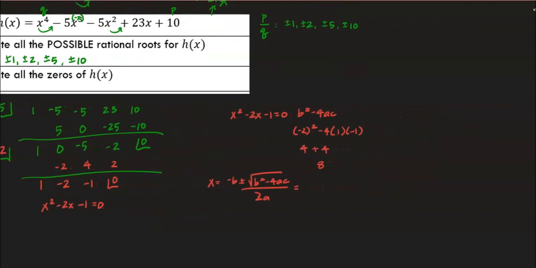So that's going to be 2 plus or minus square root 4 minus 4 times 1 times negative 1 over 2 times 1. So 2 plus or minus square root, and we had 8 in there, right? 4 plus 4 is 8.